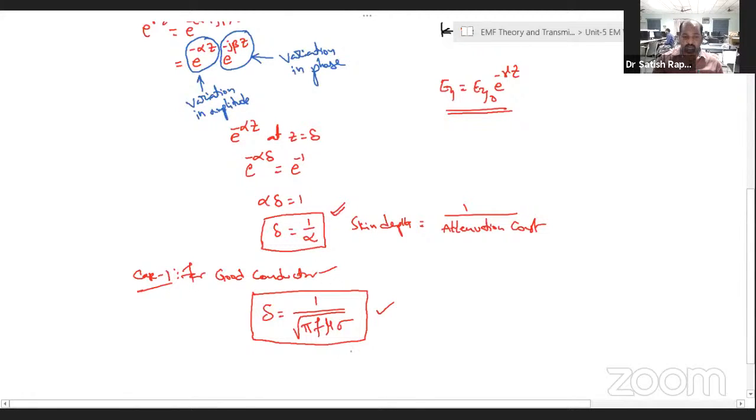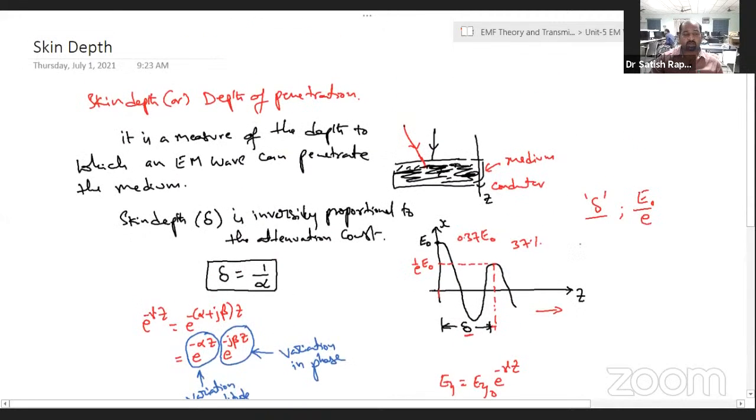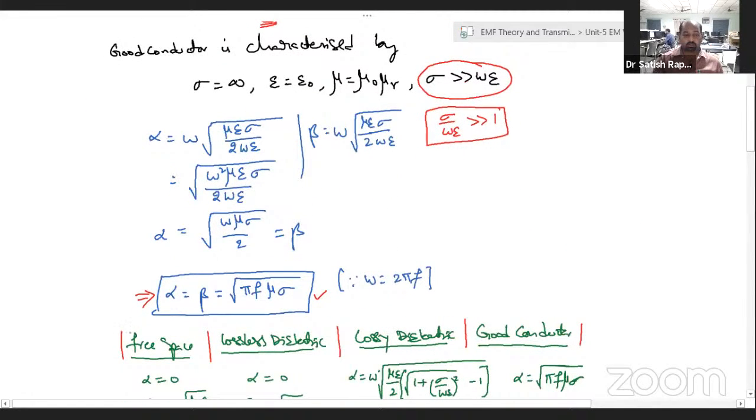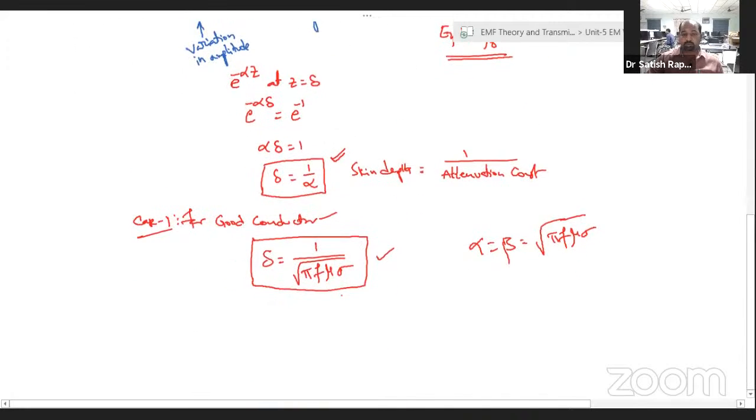Therefore, for a good conductor, we have defined that delta is equal to 1 by alpha, and for a good conductor, alpha is equal to beta is equal to root over pi f mu sigma. Previously we have defined that, so taking that equation directly and substituting here.